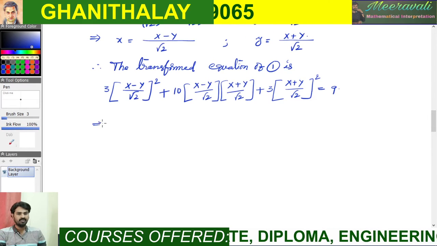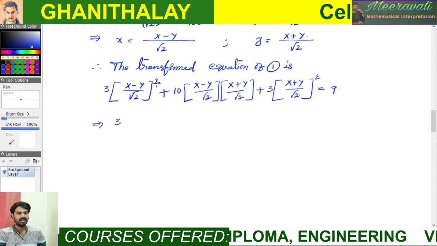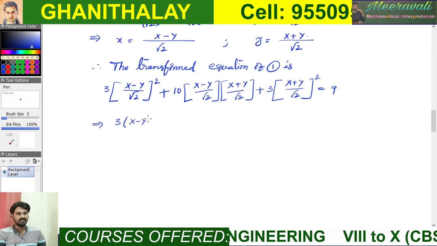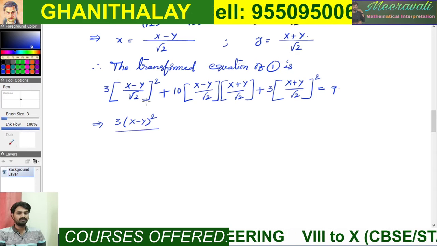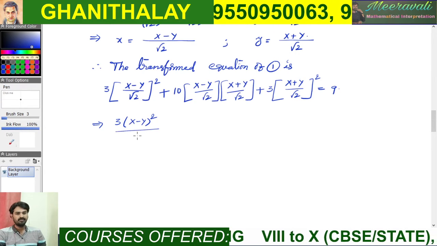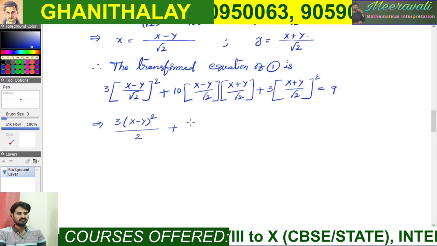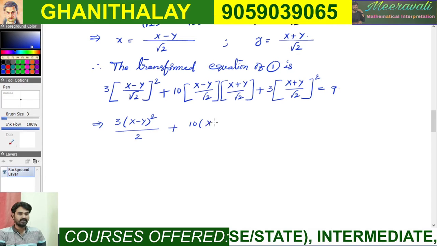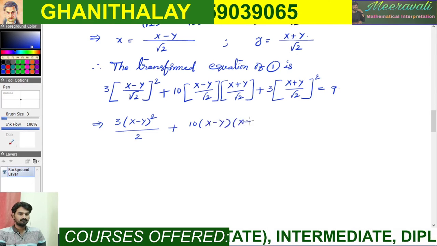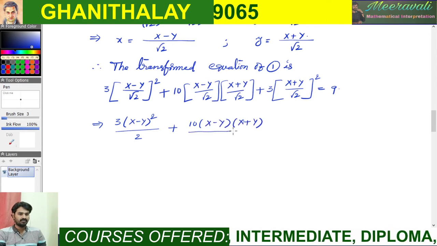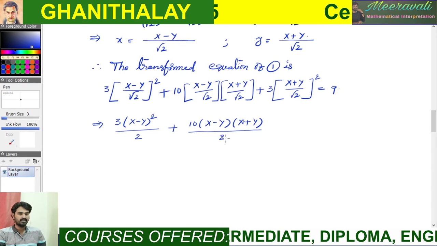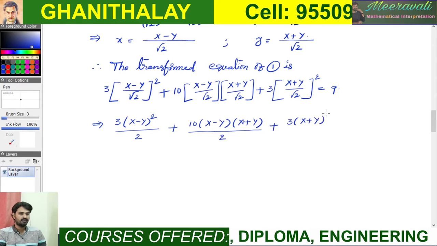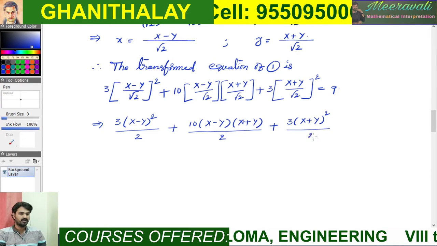So here simply you can write 3 into, now expand the square, (X minus Y) whole square by root 2 whole square, that is simply 2, plus 10 into numerator (X minus Y) into (X plus Y) by root 2 into root 2, that is 2, plus 3 into (X plus Y) whole square by root 2 whole square, that means 2.